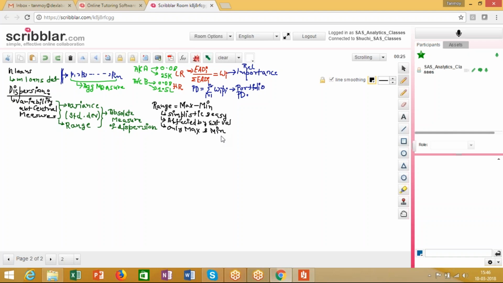Only the maximum and the minimum values are considered over here, right? So hence the point is it is not very representative.